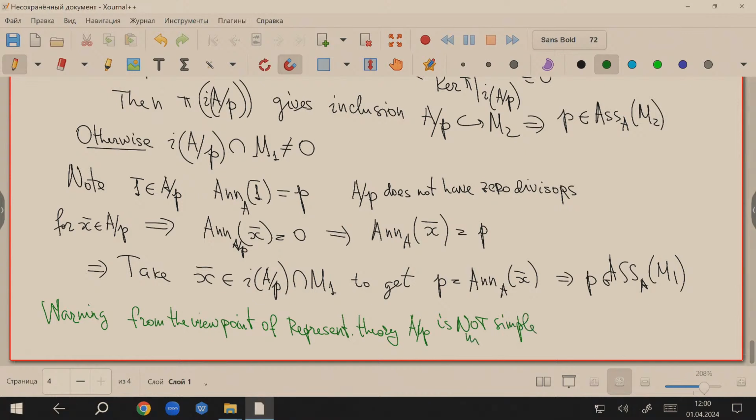Simple module means it doesn't contain any proper submodules.